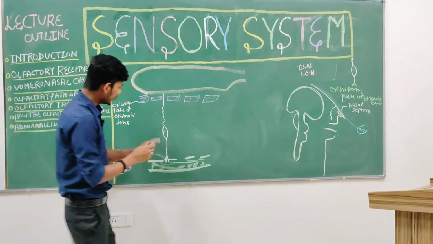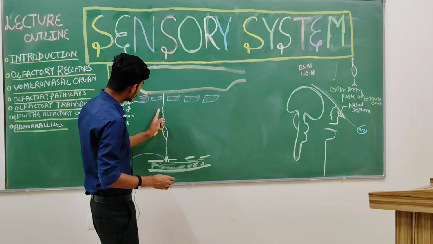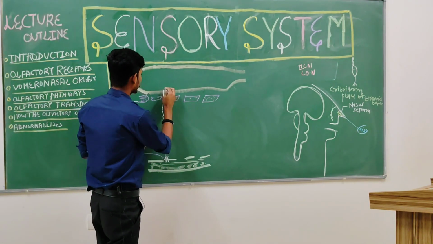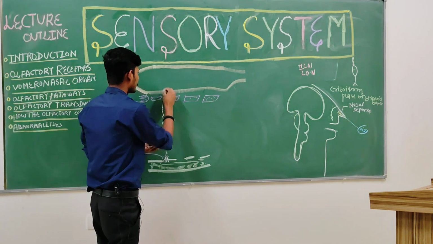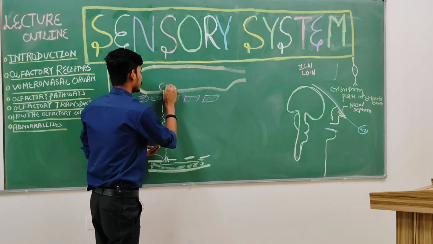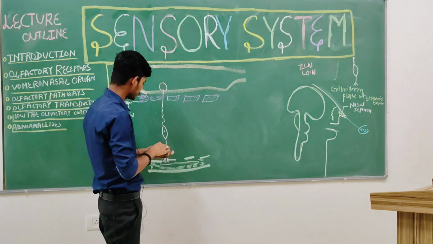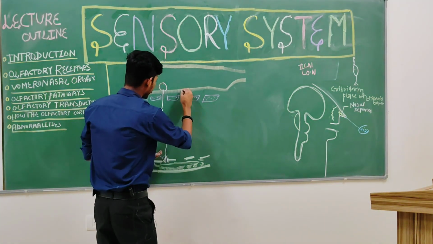Understanding? Now these bipolar neurons, their axonal part pierces here and they come to the olfactory region, and they make synapses here. There are many.